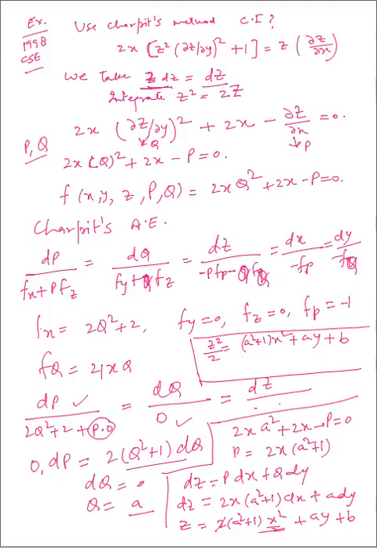So this is the complete integration. We can multiply by 2, so z square is equal to 2 (a square plus 1) x square plus 2ay plus b. We put it b dash, so 2b dash is b. So this is the answer.